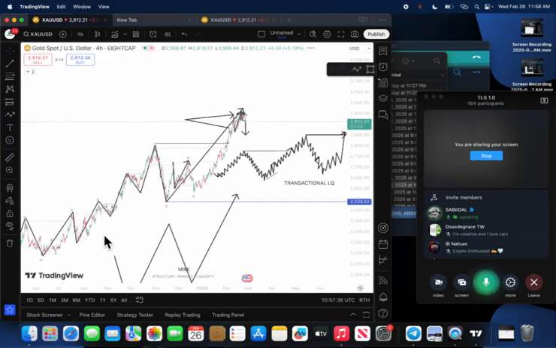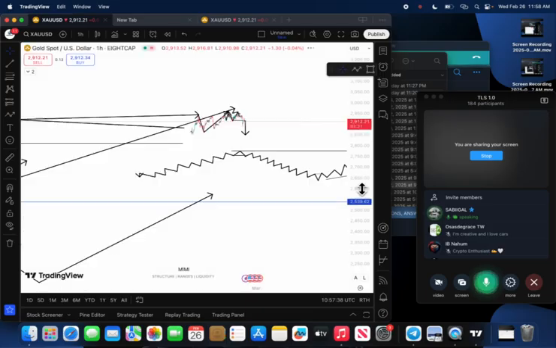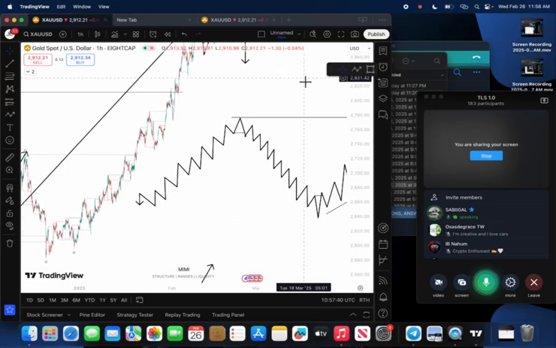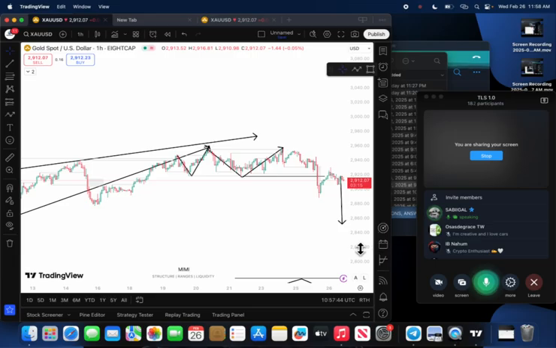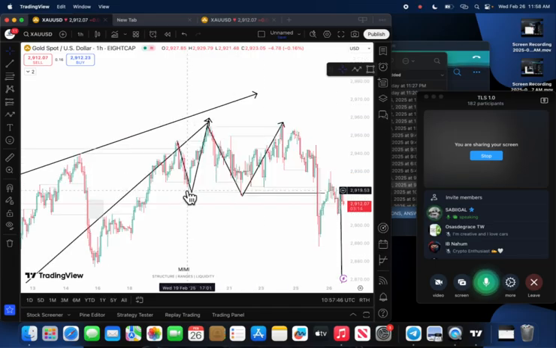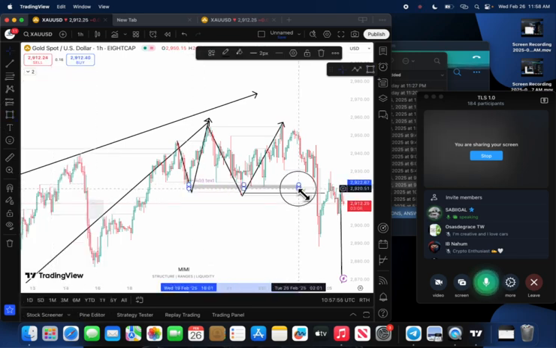I did not mark out any new external, because a new external has not been formed. Look at what I marked out here. As of that last class, what we had was this internal here. This one was not formed. It was the entry model I was telling people about, price taking out this one and later buying from this point.